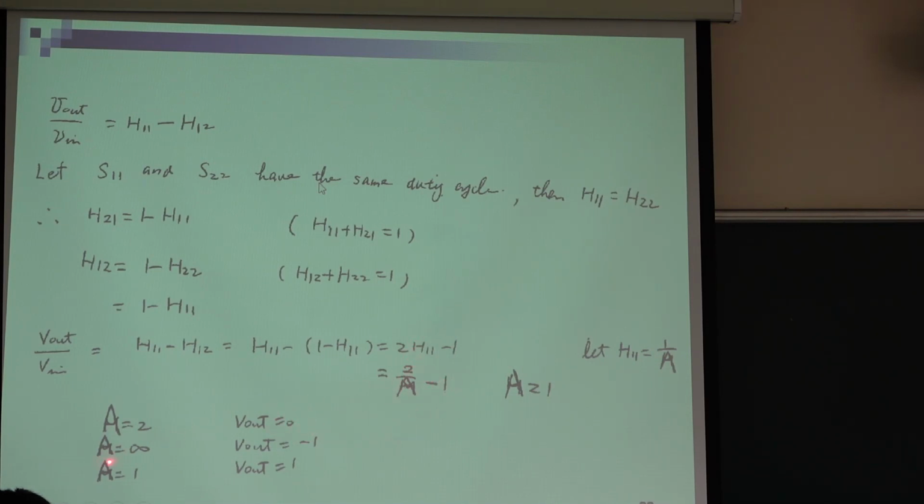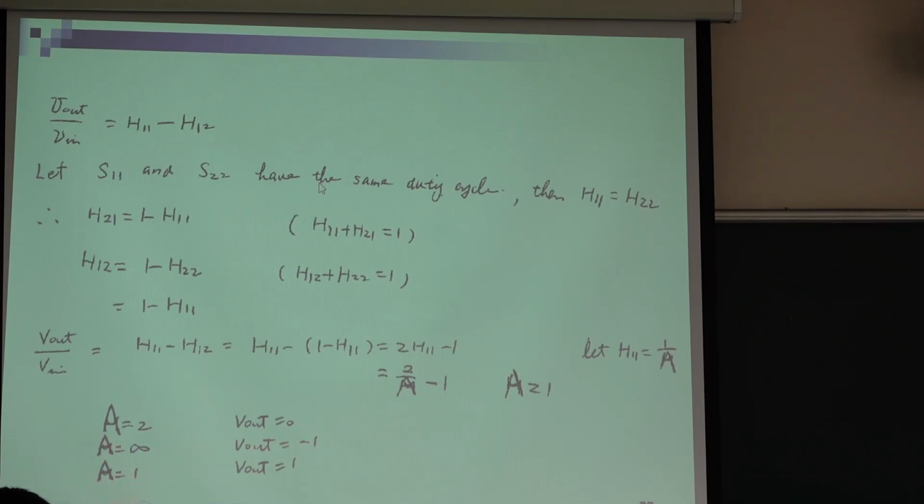Okay. If A equal to infinity, what does this mean? A equal to infinity, 1 divided by infinity become what? 0. So H11 is always 0. If H11 is always 0, then H11 is 0, H21 is 1, right? So then what happens? V out is equal to minus V in, okay?